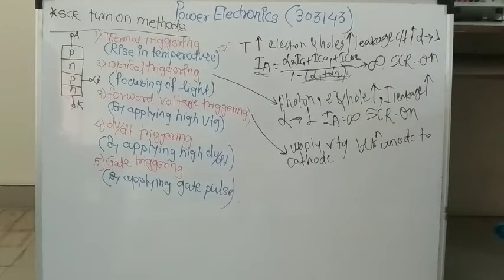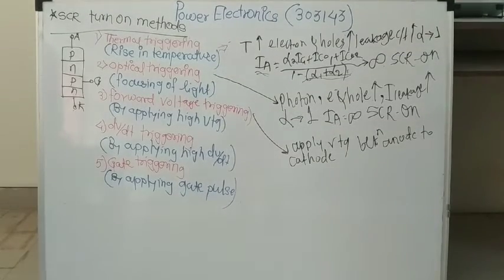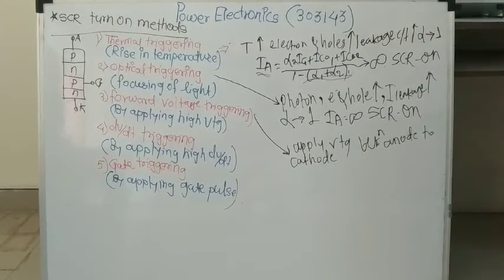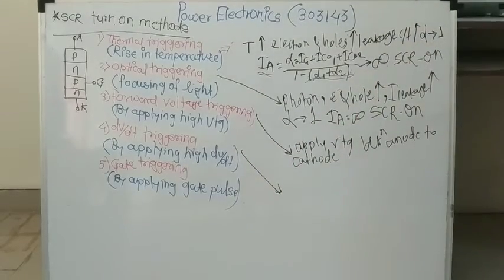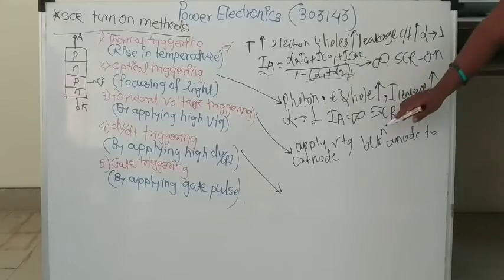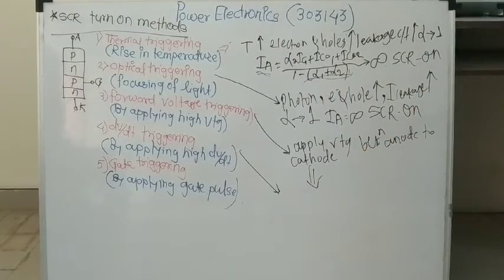Now, the next one is dV by dt triggering, also called applying a high dV by dt. In this case also, we have to apply the voltage between anode and cathode, so the same condition is repeated.